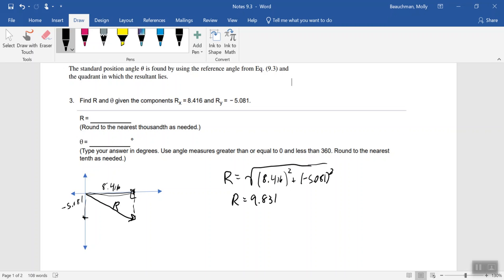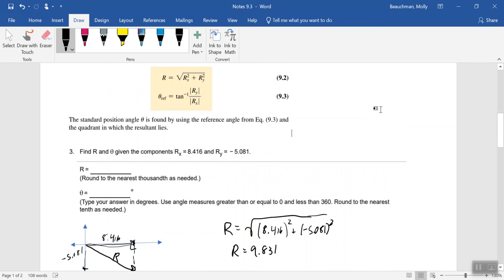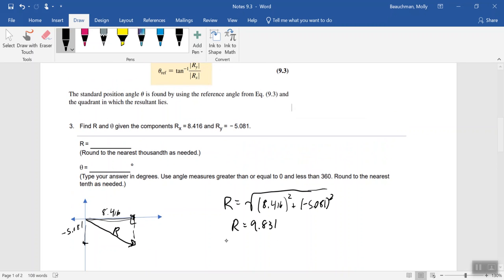Now we want to find the angle. The formula tells us the reference angle. The reference angle is going to be the inverse tangent of the absolute value of the y component, which is a positive 5.081, divided by the absolute value of the x component, 8.416. That's not the angle we're looking for, it's going to give us our reference angle.